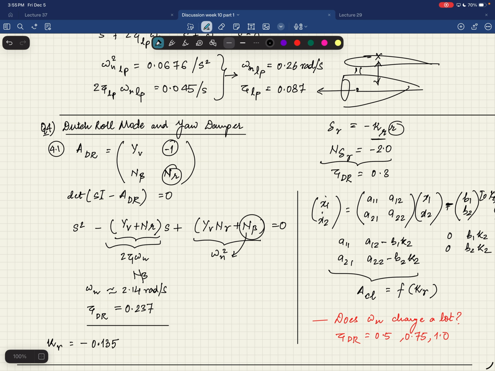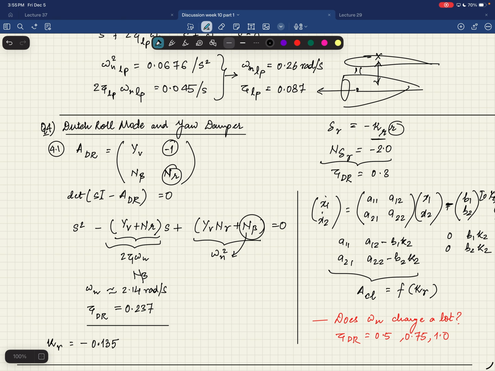Like the B2 K2. What is B2? B2 is N delta R, right? And K2 is the K R coefficient. We are subtracting them, which means that we are changing N R. So if we are changing N R, we have to be cautious that we are also affecting the spiral mode. Dutch roll mode and spiral mode are very intimately related via which stability derivative?